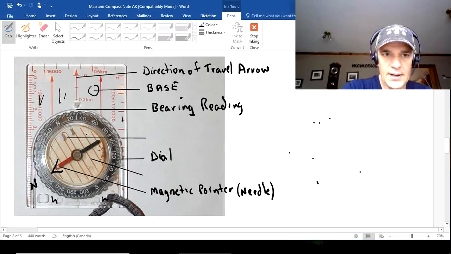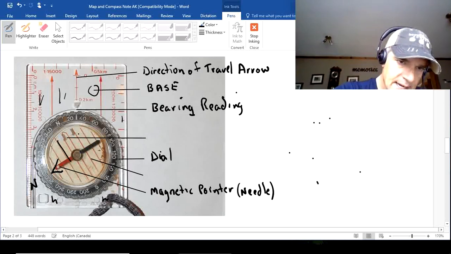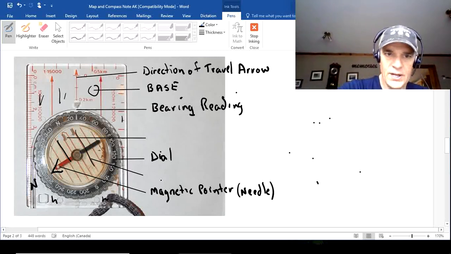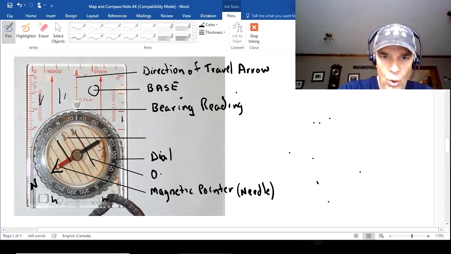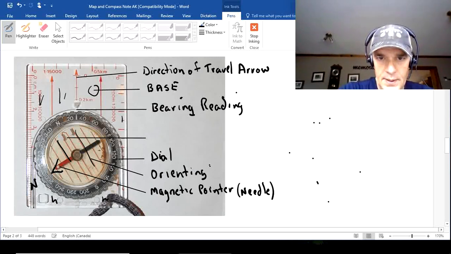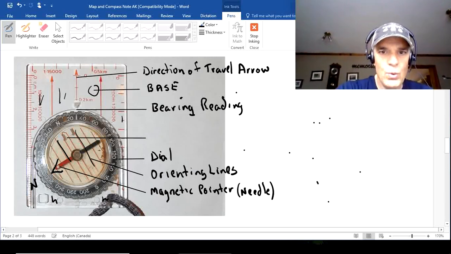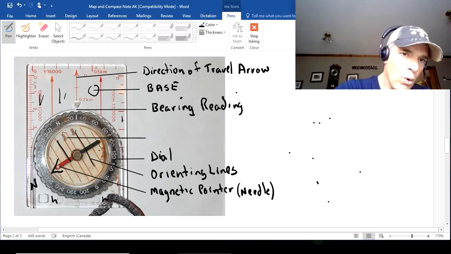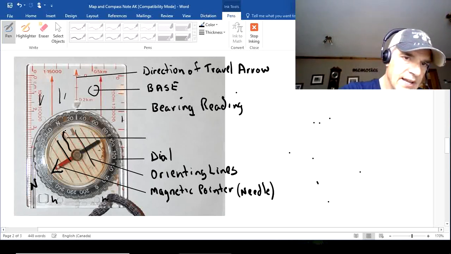They rotate, okay? And one is a series of lines. You can see these lines kind of in here. This one's being pointed to right there. And these are called orienting lines, okay? And then we have what is known as the orienting arrow, which is kind of like a box here.